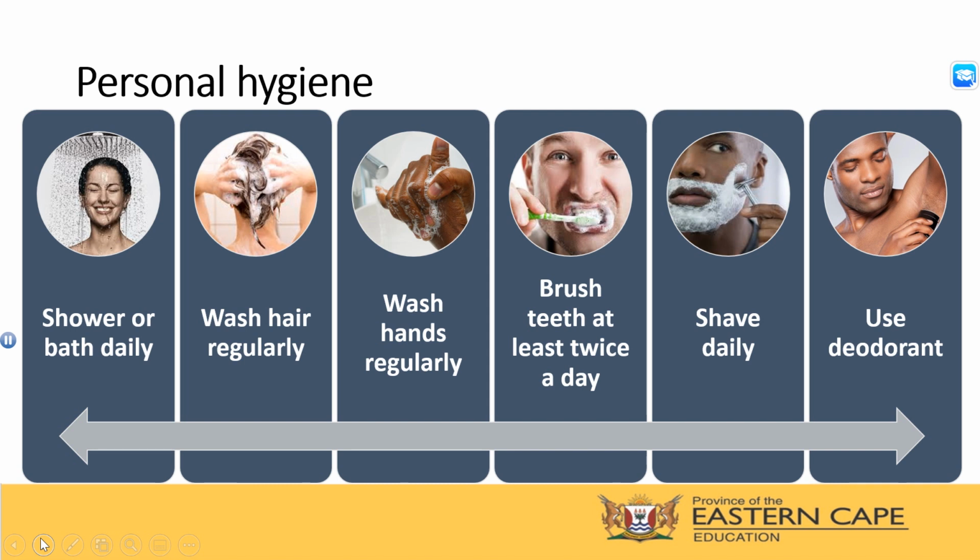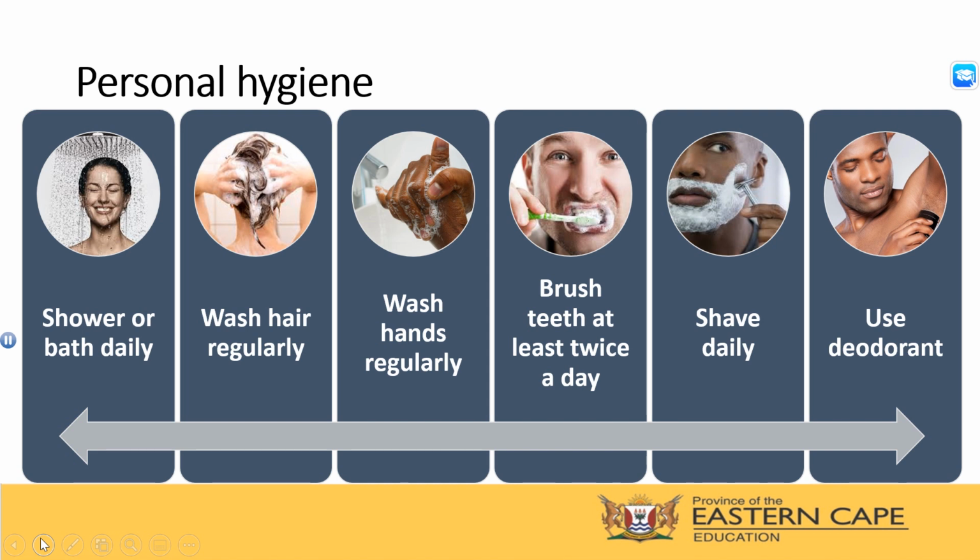Personal hygiene is very important when one considers the professional image of staff in a tourism business. If you take a look at the images and the information on the screen, that is something that is expected of each and every staff member who works in the tourism industry: to bath or shower daily and keep their hair and hands clean.